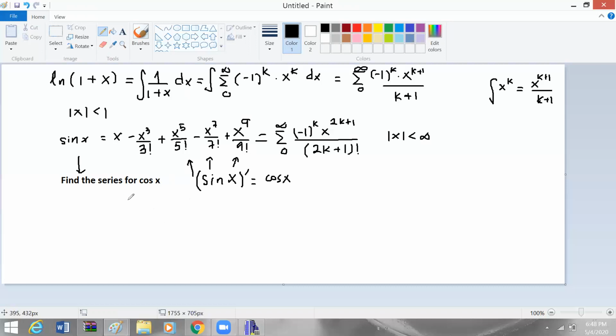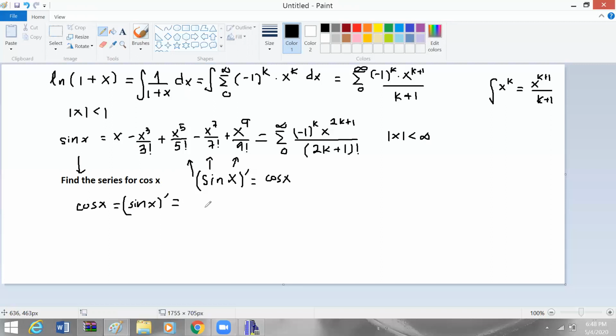And what we need to do is that when you differentiate the sine of x, I get cosine of x.